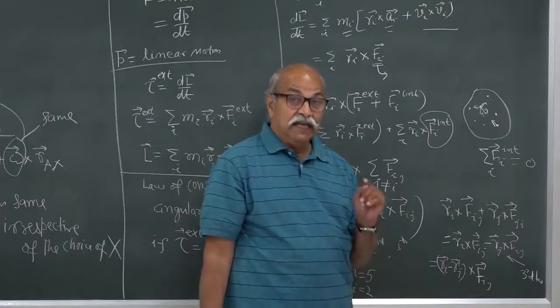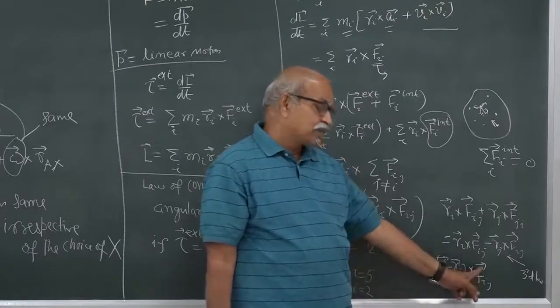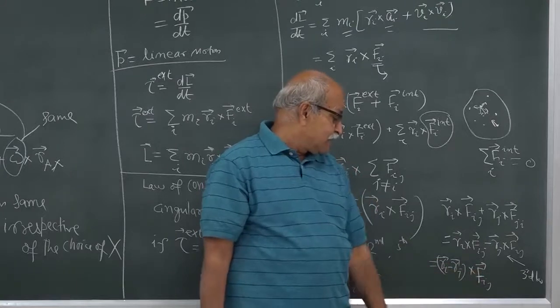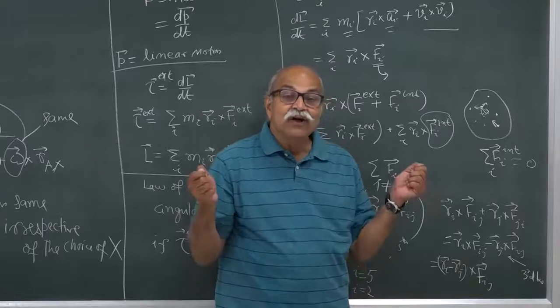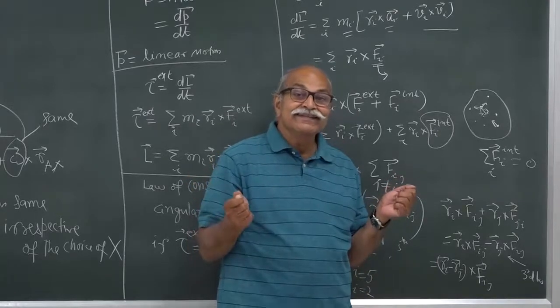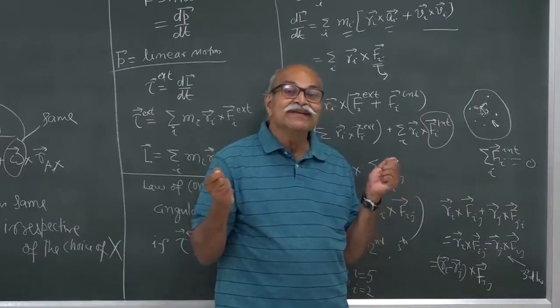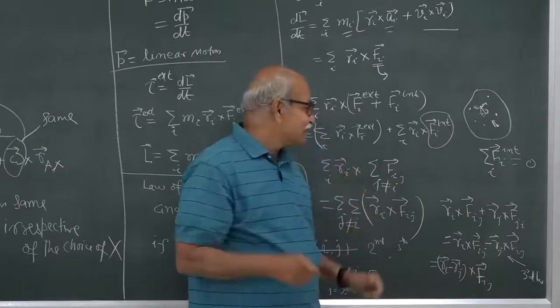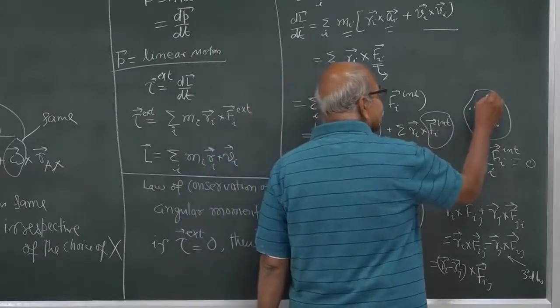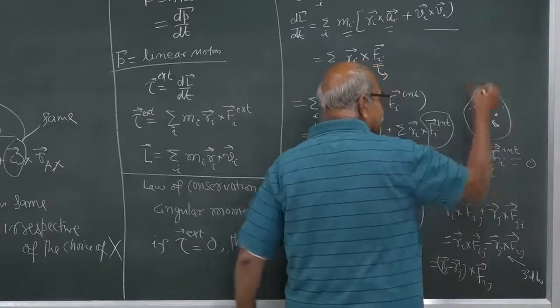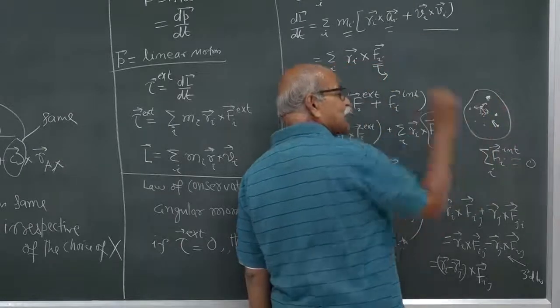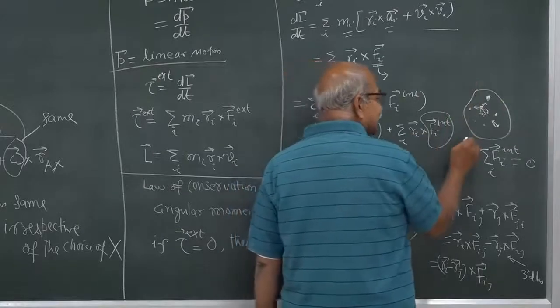Now if this force on the ith particle by the jth particle is along the direction joining the two particles, another restriction. So I have a particle here, I have a particle here, and they are exerting forces on each other, equal in magnitude and opposite in direction.